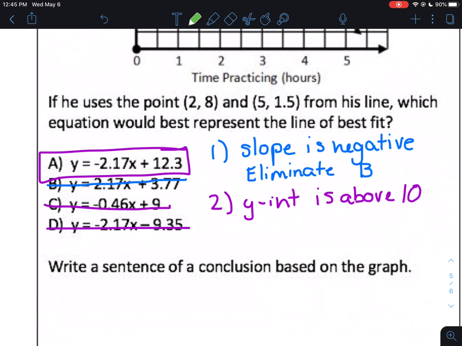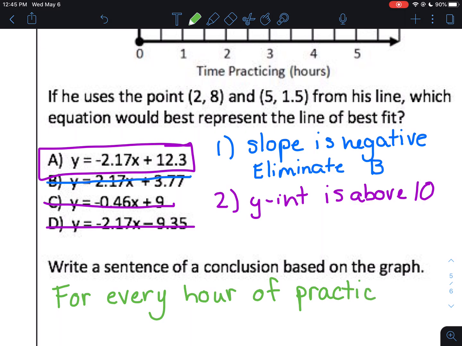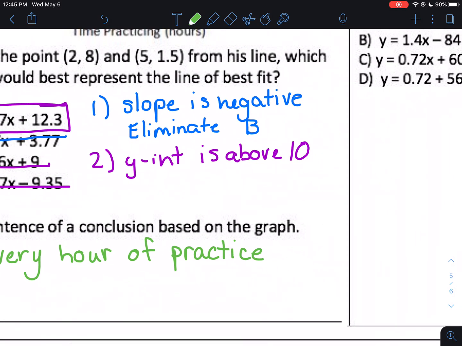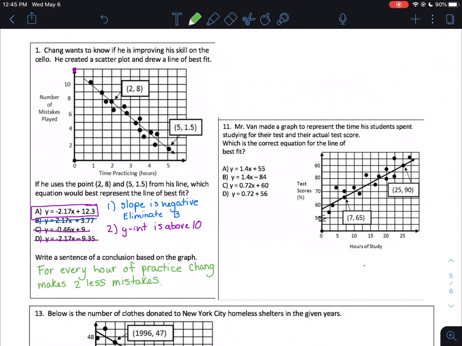You could even get more specific and look at that slope, and that means for every hour of practice, Chang makes 2 less mistakes. Right? Because that's what a slope is. For every 1 to the right, we're going down 2. So for every 1 hour practiced, we go down 2 mistakes.